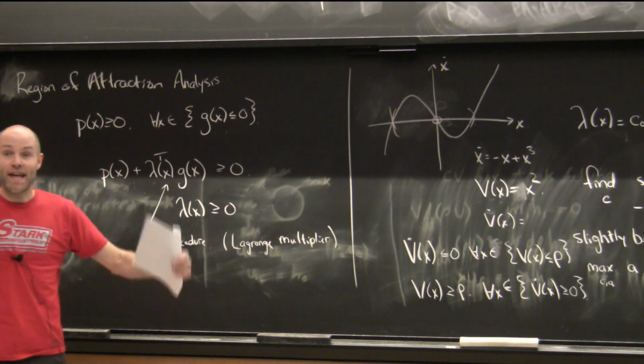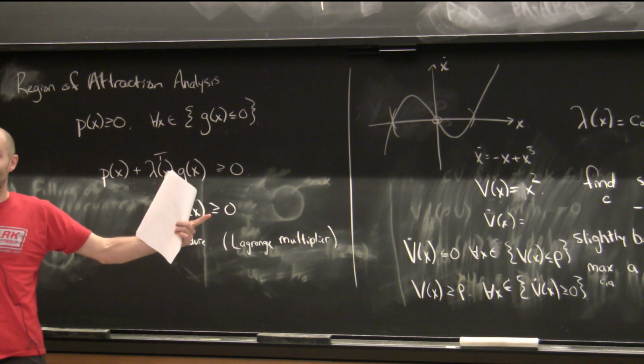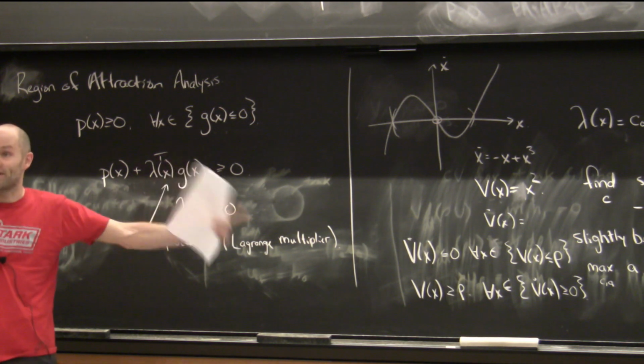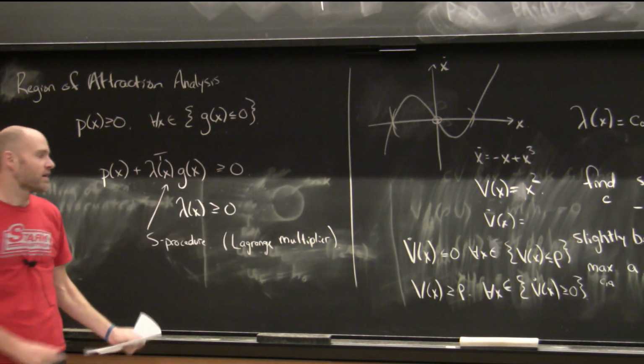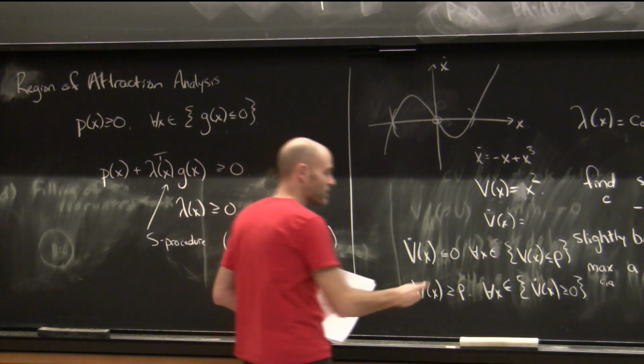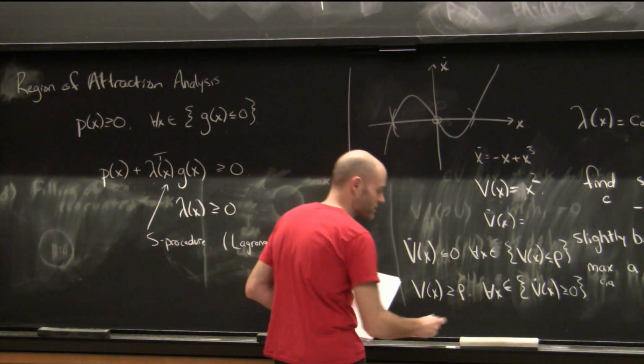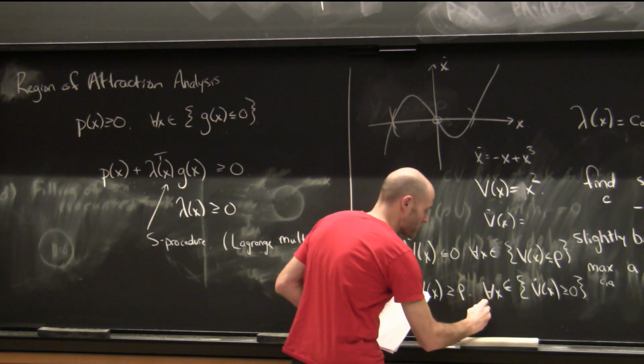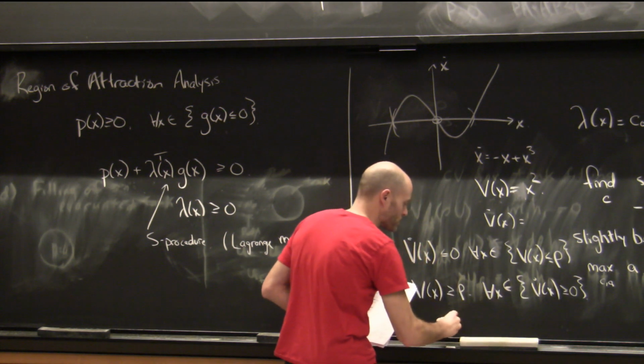Okay? If I ever found a V dot of x that's going uphill, it better be outside my region. Now, there's one more thing you have to do here, which is to knock out the origin, because this thing does go to 0.